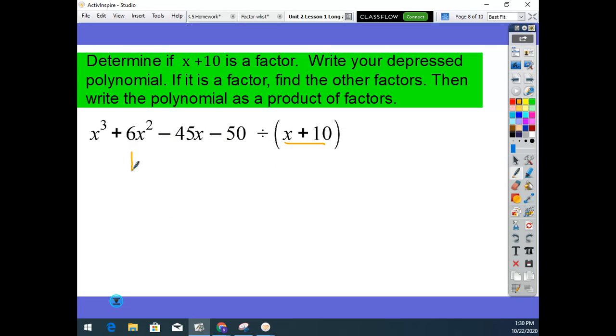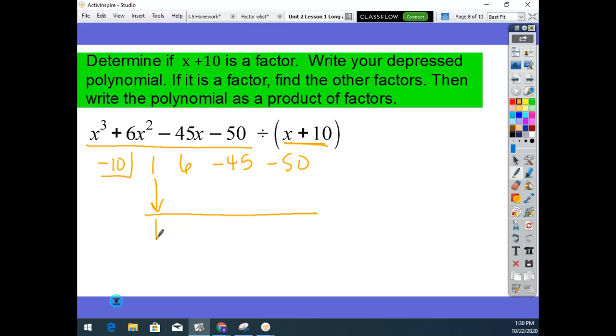All right, I would always use synthetic unless you're told to use long division. X plus 10, I'm going to put -10, always the opposite of the number with the x. Then I need all the coefficients. So x to the third is 1, x squared, 6. The x is 45, and I always need my constant at the end. Leave a space, draw a line.